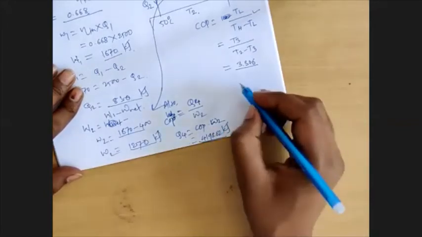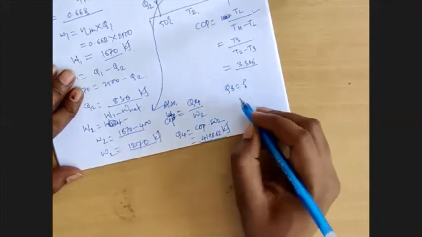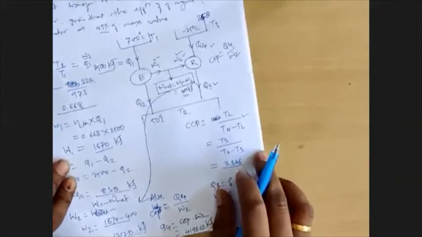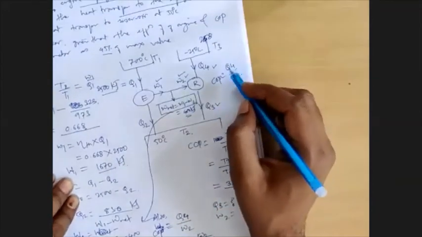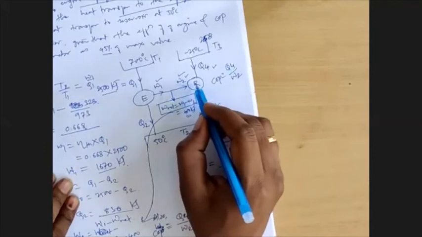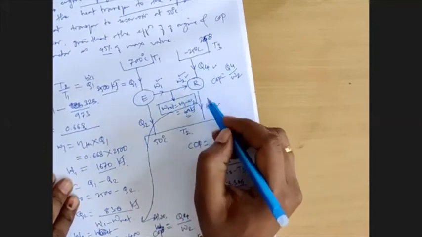And now to calculate Q3, we know that W2 is equal to, again come to the diagram. For the refrigerator, W is entering the system, Q4 entering the system, and Q3 leaving the system.